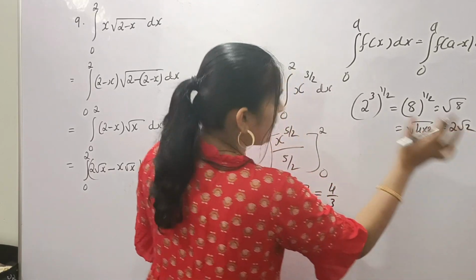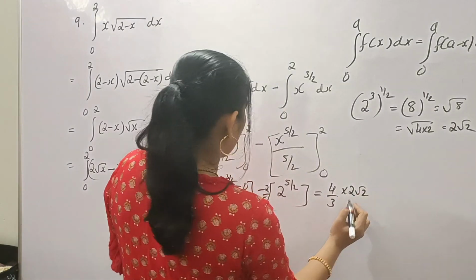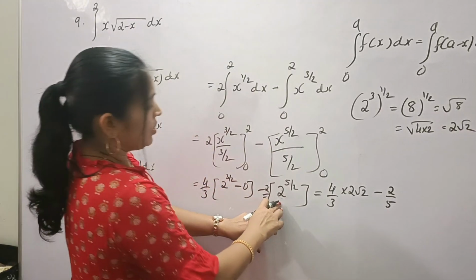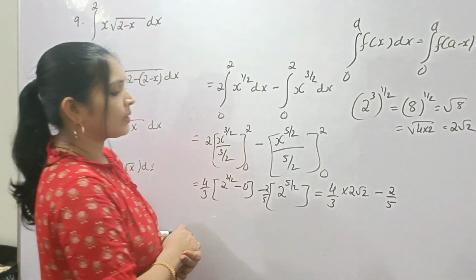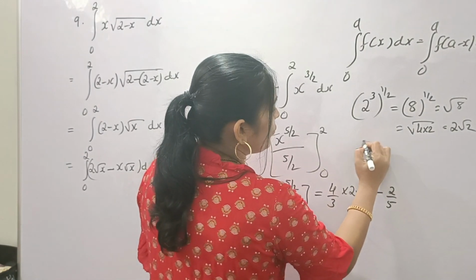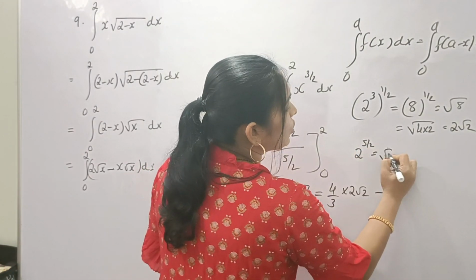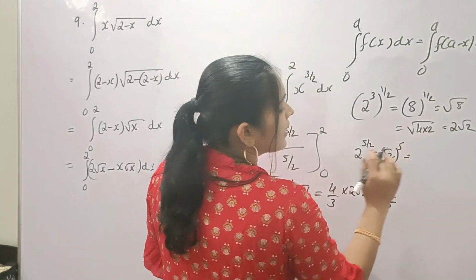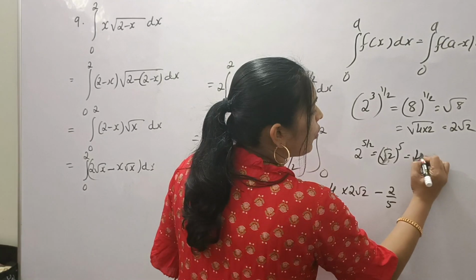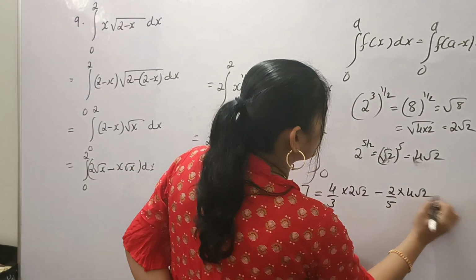So it is 2 root 2. Minus here 2 by 5 into 2 raised to 5 by 2. See, 2 raised to 5 by 2 can be written as 2 raised to 1 by 2, that is root 2, whole raised to 5, that is root 2 five times. That means 4 root 2. So it is 4 root 2.